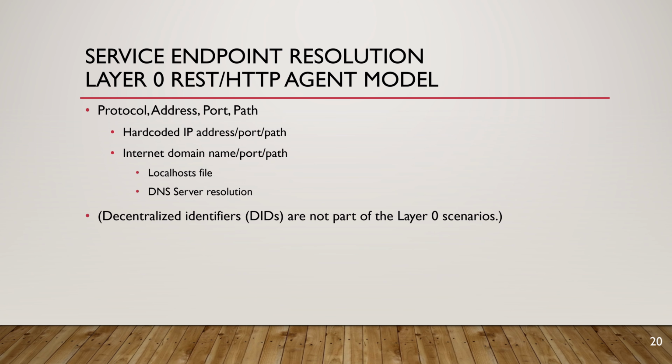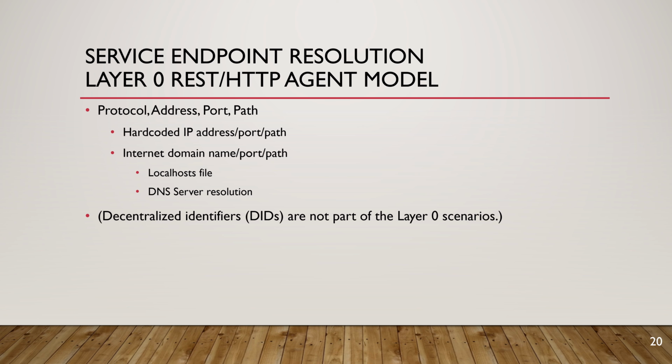We could either hard code that IP address, port, and path in our application, or we could hard code the internet domain name, port, and path, or we could use a local host file to look up that domain name and get an IP address, or we might have a DNS server available to us, or the domain name might already be registered in a global DNS server.